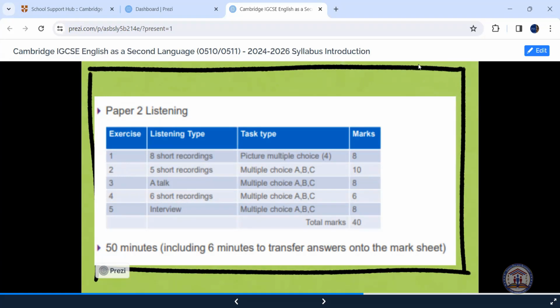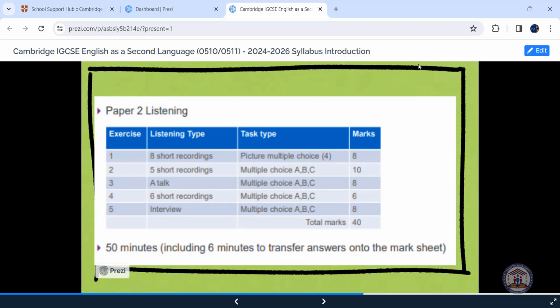So these 10 questions make 10 marks. Exercise 3, a talk. Somebody is giving a lecture or speaking about his project or his job or his hobby, speaking about anything in a talk that will last for some minutes, and the student has to answer 8 multiple choice questions while listening to the talk.